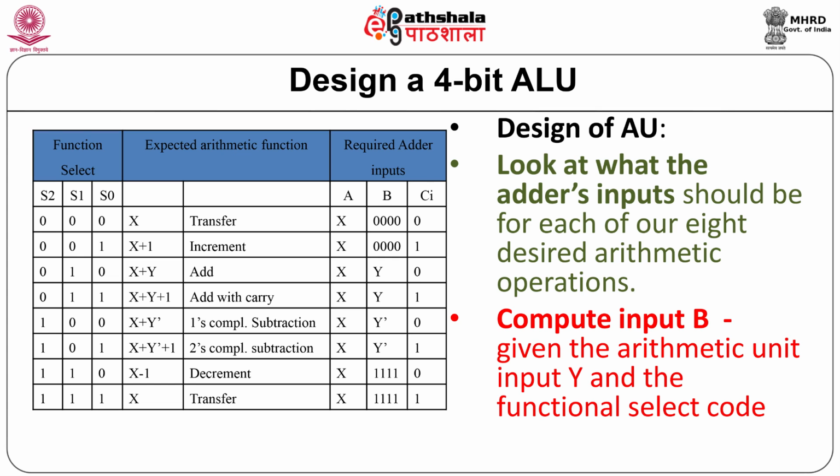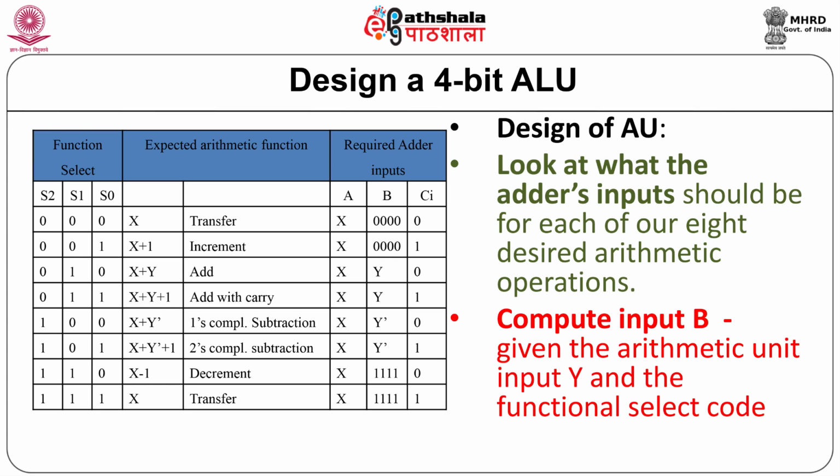The nature of arithmetic function decides B input and carry Ci input condition. For example, data transfer operation requires B and Ci inputs as zeros, whereas increment operation B input is 0 and Ci input is 1 to get the desired effect. Similarly, condition can be obtained for addition and addition with carry and so on.